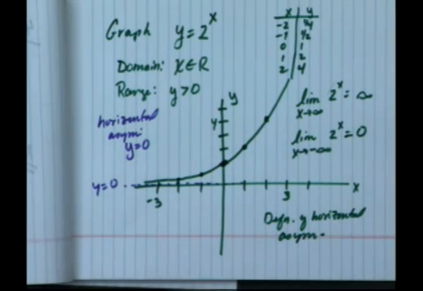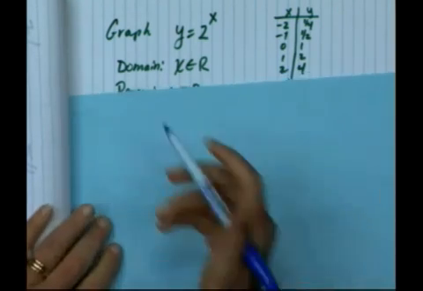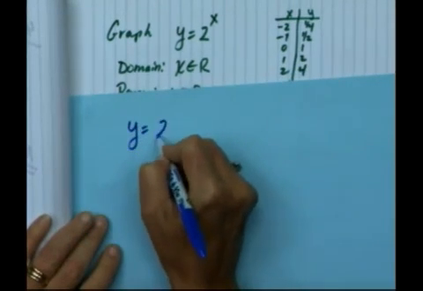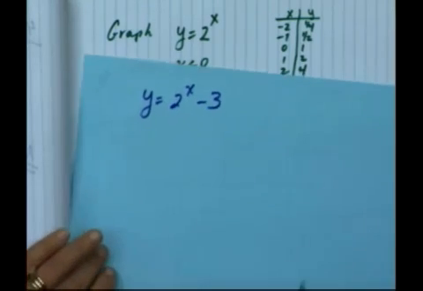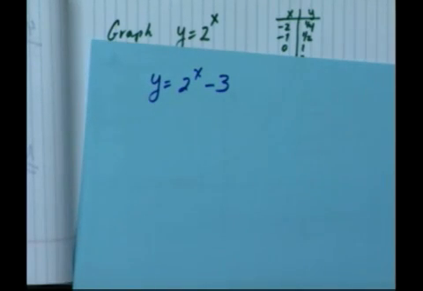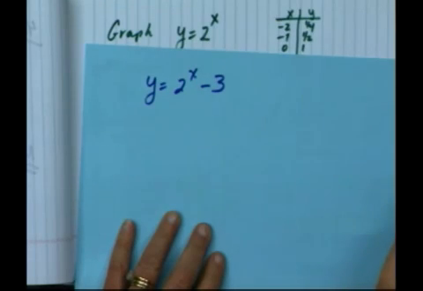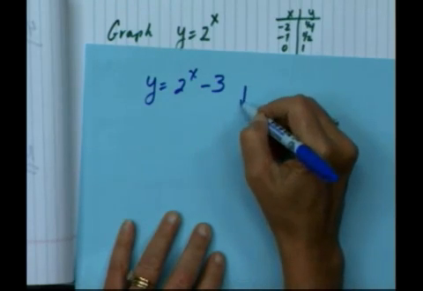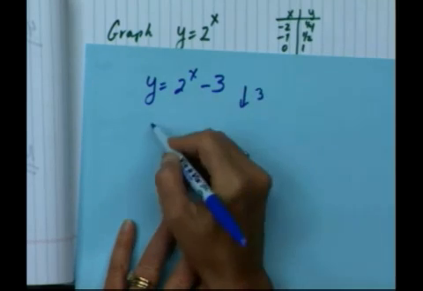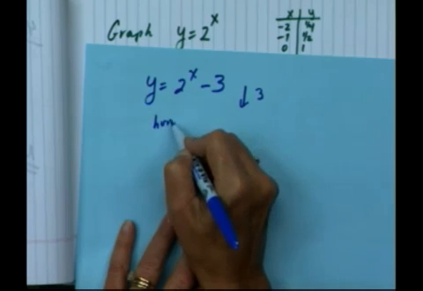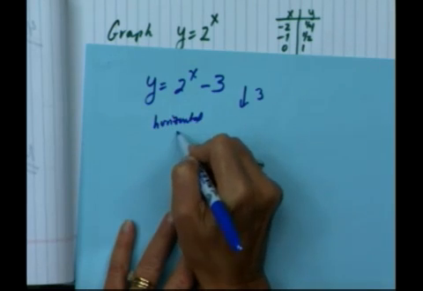All right, let's just do some words on sketching, and we won't actually graph them unless you beg for this. Suppose you were asked to graph y equals 2 to the x minus 3. How's that going to compare to y equals 2 to the x? Shift it down. It's going to go down 3. What is the equation for the horizontal asymptote?